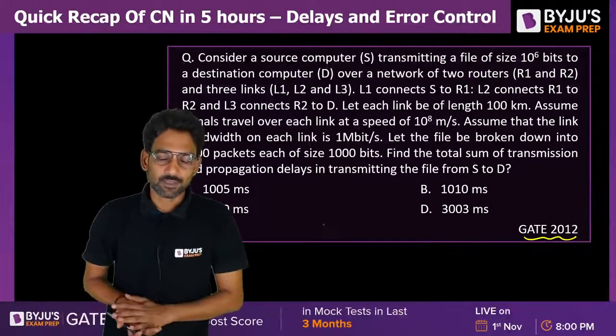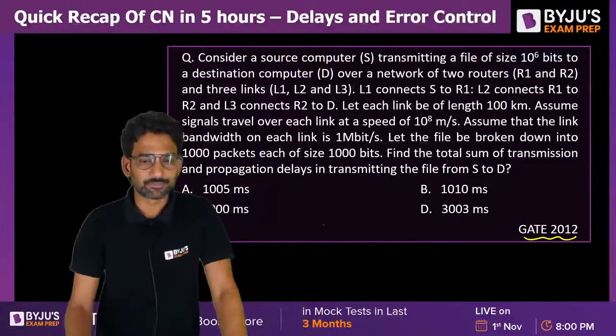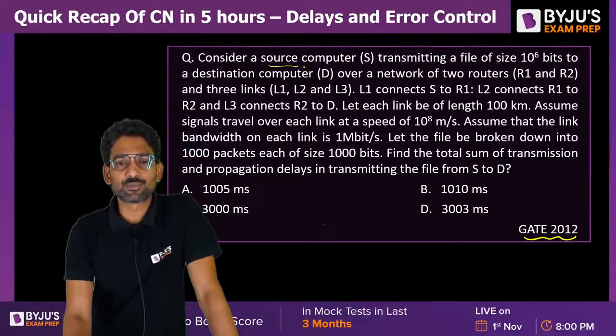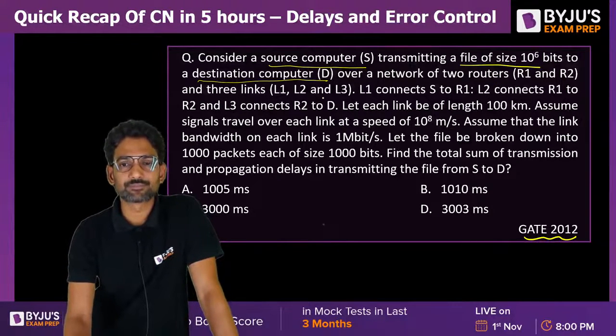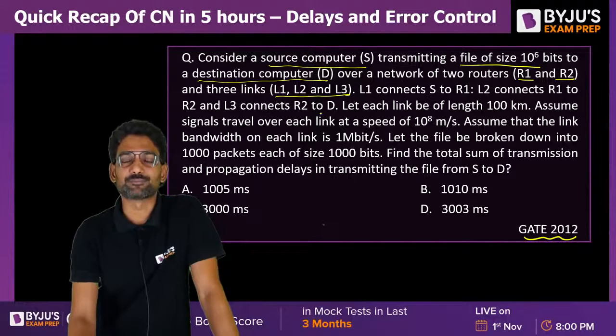Okay. So what is the question? Consider the source computer S transmitting a file of size 10 power 6 bits to the destination D over two routers R1, R2 and three links L1, L2, L3.